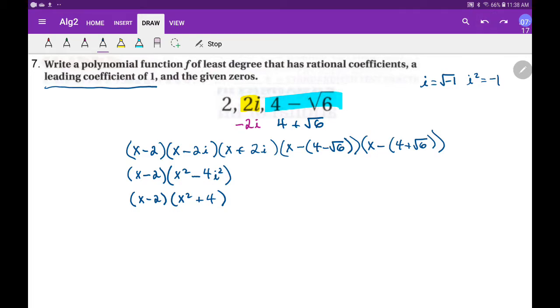And then let's see, this last part, let's go ahead and do this. We'll say x times that, and x times that, and we'll get x squared, and we'll get a minus x times 4 plus square root of 6. Do I want to go ahead and distribute that?